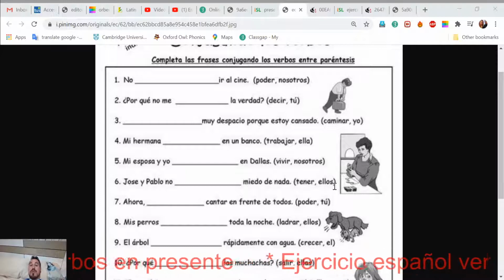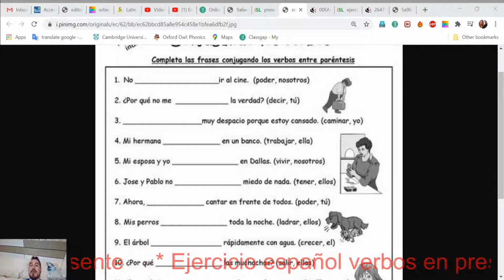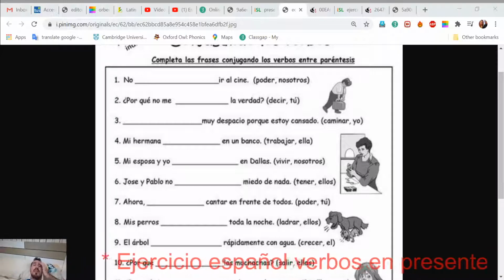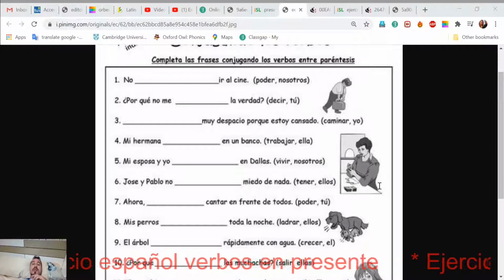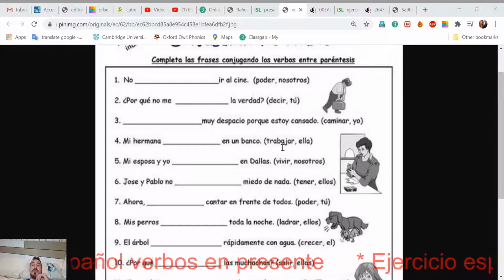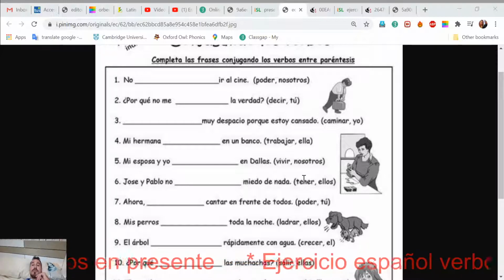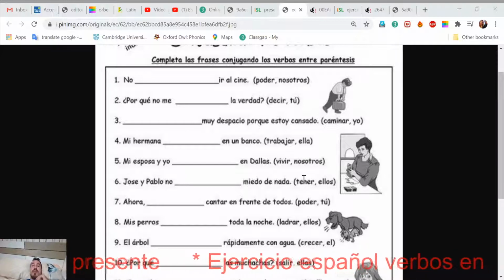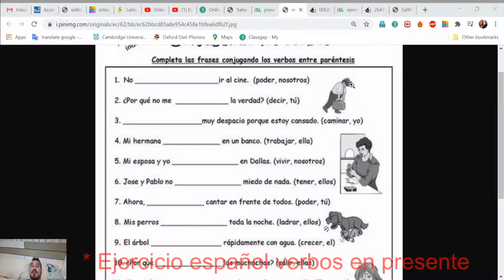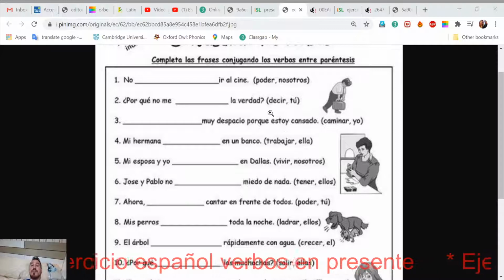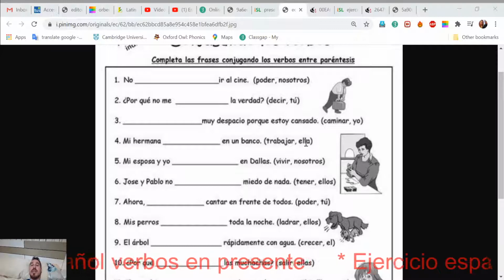Decimos, decís, and dicen. This one is worth learning because we use this verb a lot, because it means to say or to tell. So for example, what are you saying? You say, ¿qué dices? Or I don't understand what they're saying. No entiendo lo que dicen. Alright? So yes, this is an irregular verb. It has the G one and it has the E goes to I irregularity.